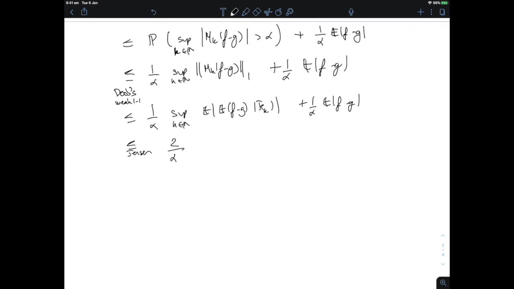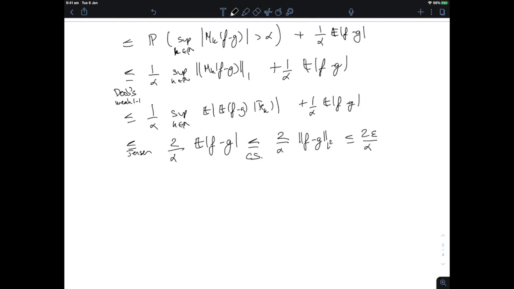So this here is smaller than 2 over alpha times the expectation of f minus g. But now, by Cauchy-Schwarz, by the fact that in probability L2 is always included in L1, this is smaller than 2 over alpha times f minus g in L2 norm. And by definition of the way we've picked g, this is small. This is smaller than 2 epsilon over alpha.